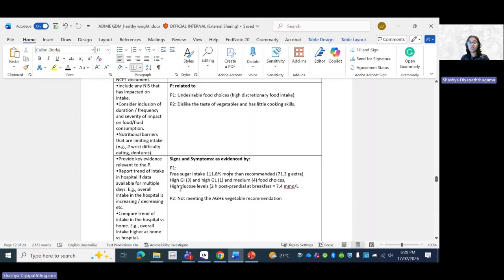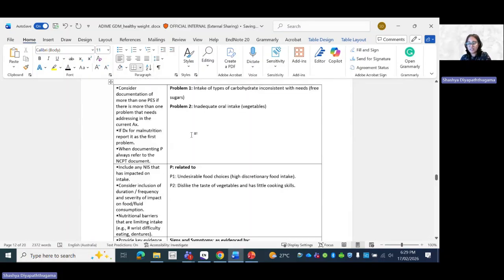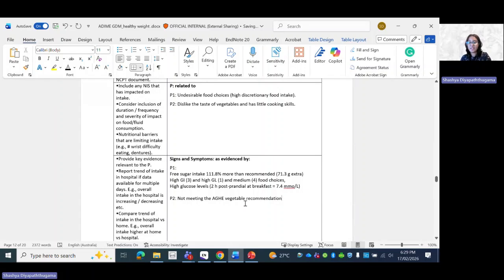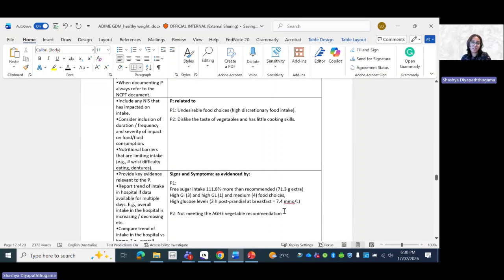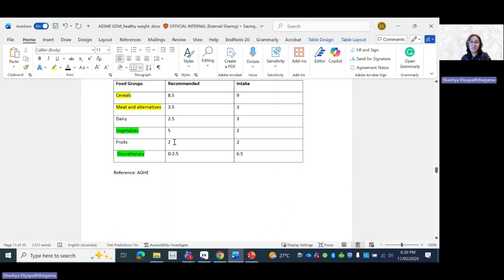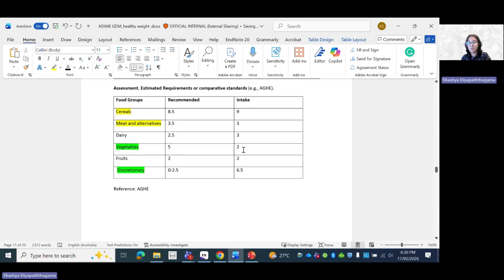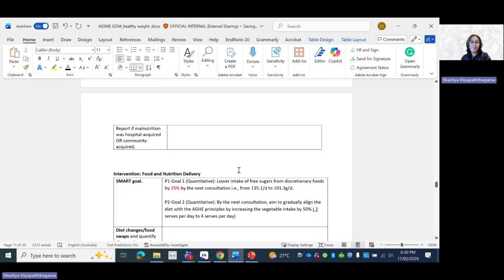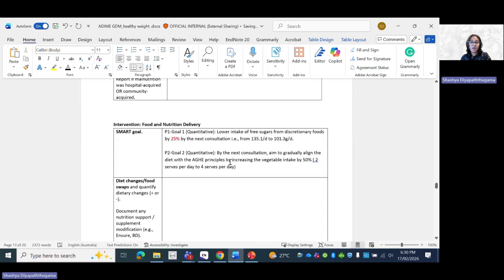And also her postprandial glucose level at breakfast was this value. Then for the second problem, which is inadequate oral intake, considering the vegetables, she is not meeting the Australian Guide to Healthy Eating vegetable recommendation, as we have seen in here. The recommendation is 5 and she only takes 2 serves.